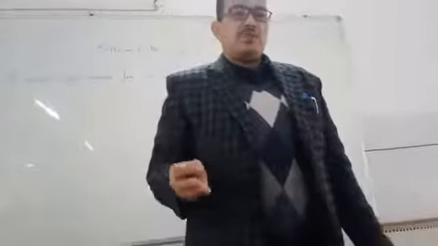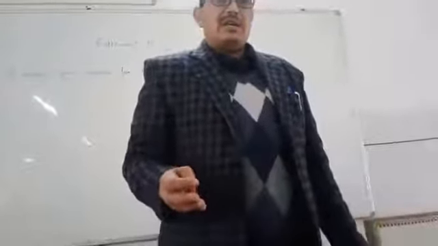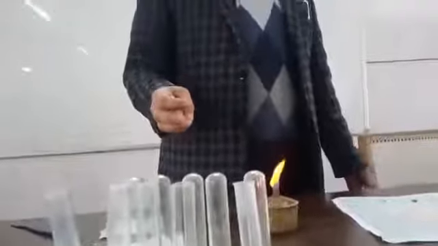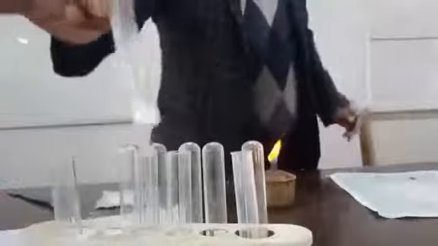Okay, we go to the second group radicals, which contains cadmium, copper, arsenic and lead. We leave lead and arsenic, and we have to check copper.